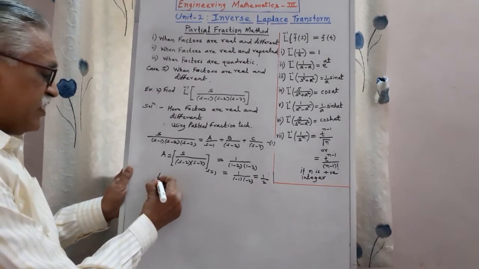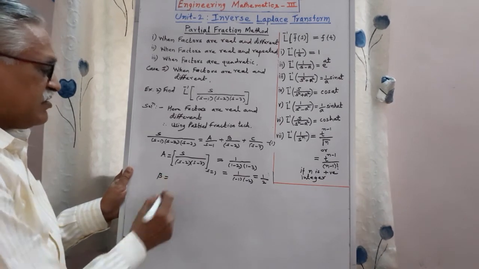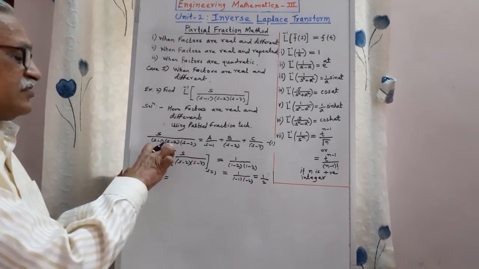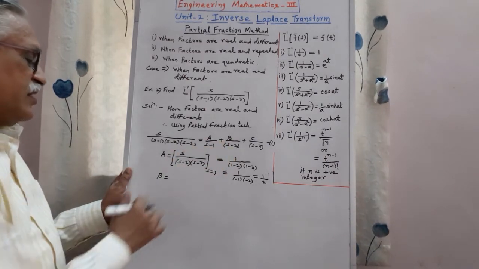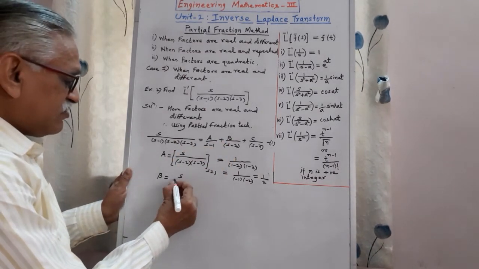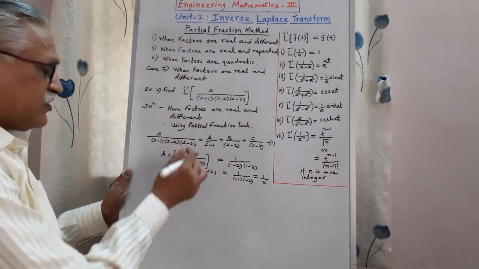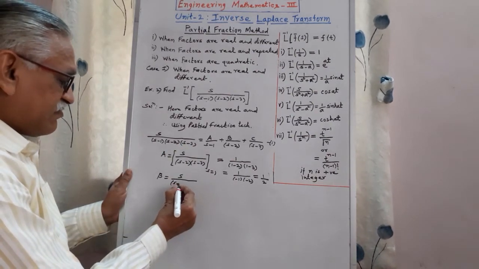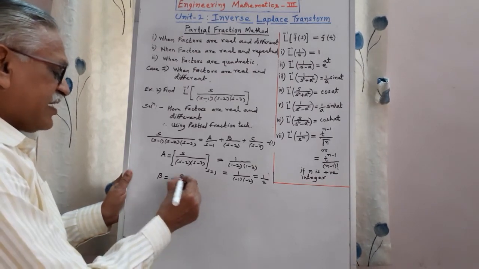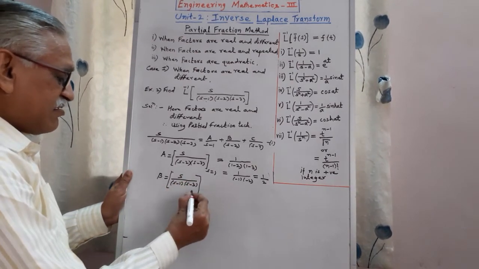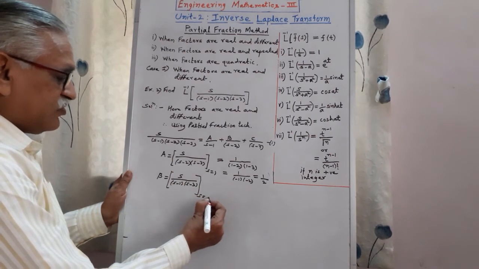Then B we can get by neglecting the second factor s minus 2 which is below B, and therefore s upon (s minus 1)(s minus 3) at s equals 2.